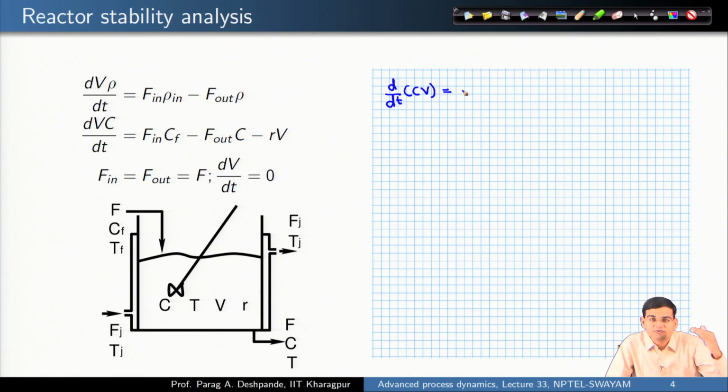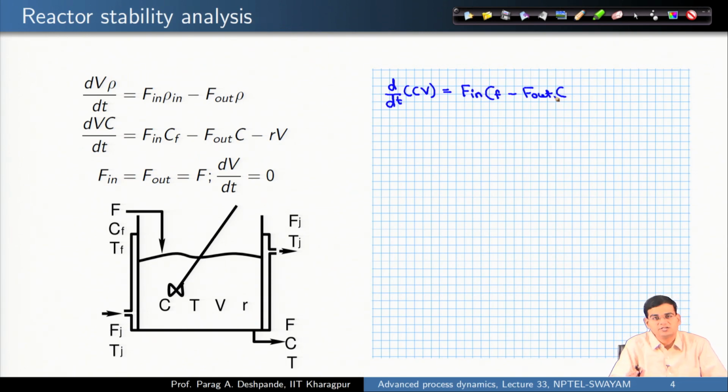I have flow rate F in multiplied by the concentration, or the amount which is coming in the feed. So, concentration in the feed, this is C f, minus the analogous quantity in the outlet. So, F out C, because I know that whatever is present in the reactor is going out.